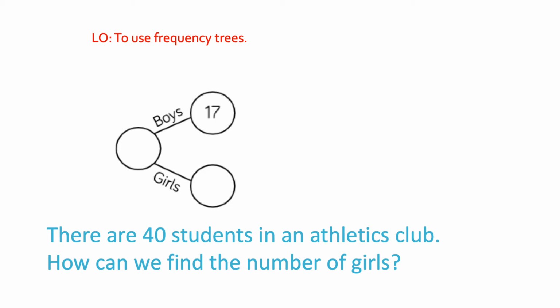We know that the total number of students is 40, so that would go in the left-hand side. We know that there are 17 boys, so going right back to that first slide, using our knowledge, we know that the number of girls must be the difference between the total, 40, and the number of boys, 17. And we could work out that the difference is 23, therefore there are 23 girls in the athletics club.